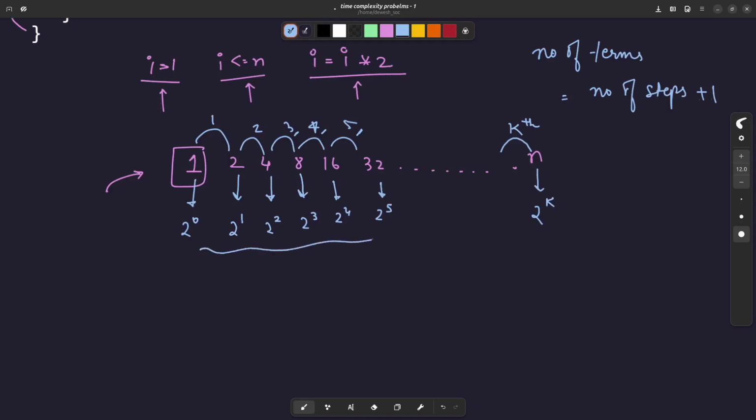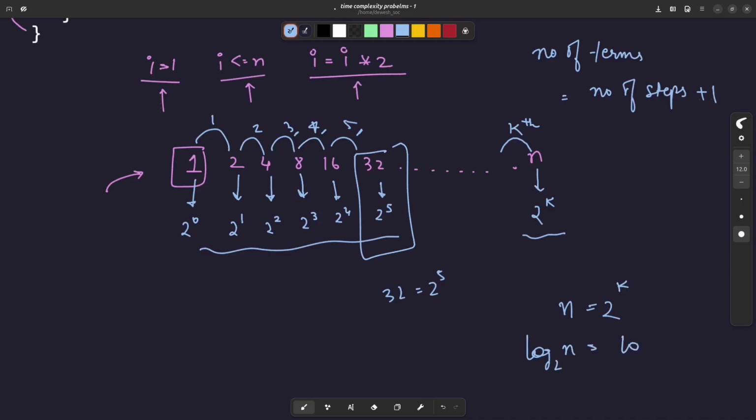Based on this, I'm writing this. So I can say, just like 32 is equal to 2 to the power 5, in this case, I can say n is equal to 2 to the power k. Right? If n is equal to 2 to the power k, then I will just take log. Log base 2 of n is equal to log base 2 of 2 to the power k, giving me k log base 2 of 2, which is equal to k.